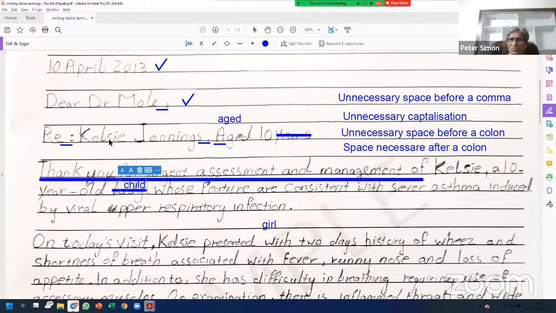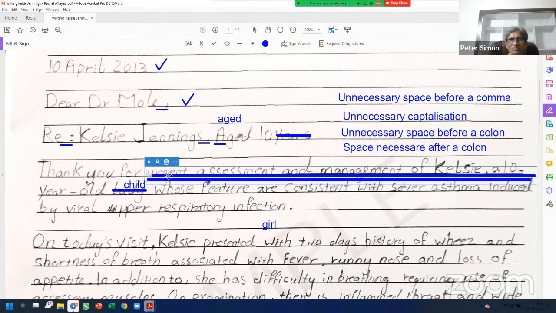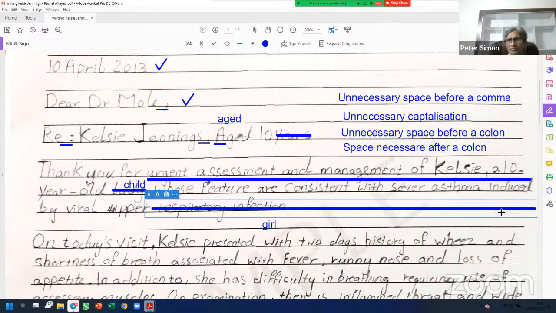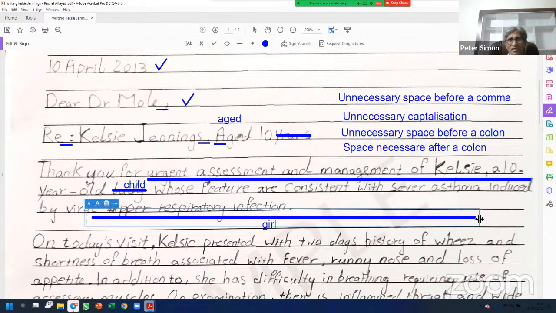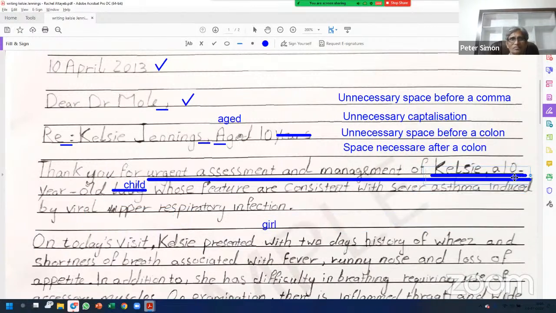Kelsie, the name, makes it understood that she is a child. Aged 10 means child, so no need to say all these things. Aged 10 is already there, so this is repetition. Avoid repetition. I'm not saying it is wrong, but it is redundant.